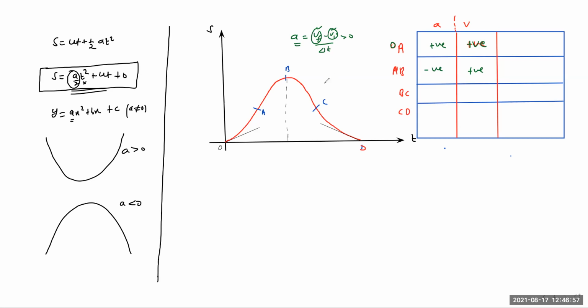It is clear. From A to B, the final slope is less than the initial slope. Do you realize this fact? Yes. So A will be negative, because if you calculate numerically, A will be negative. What about V? Is V negative or positive?